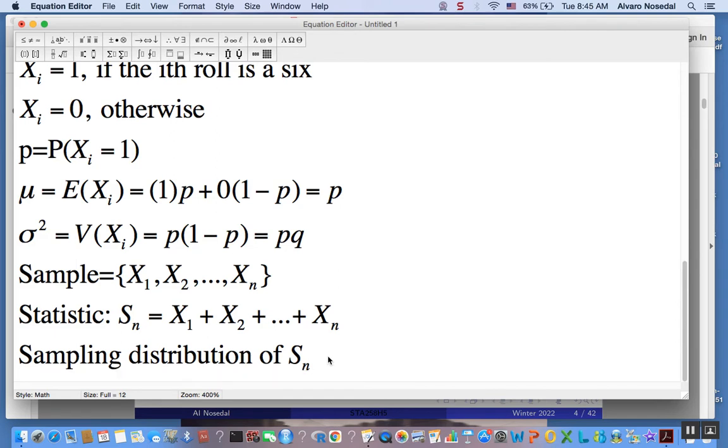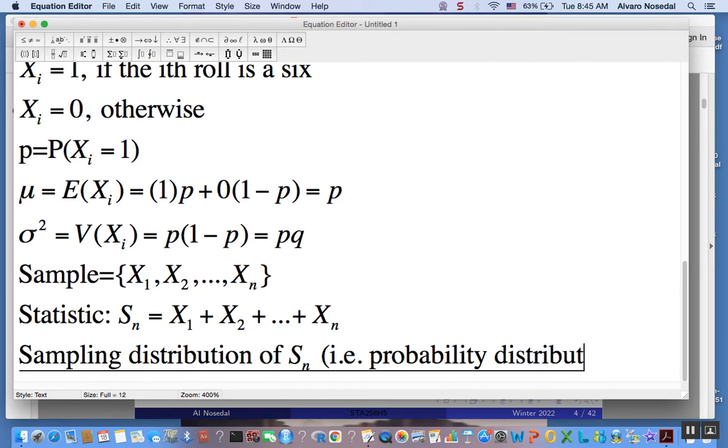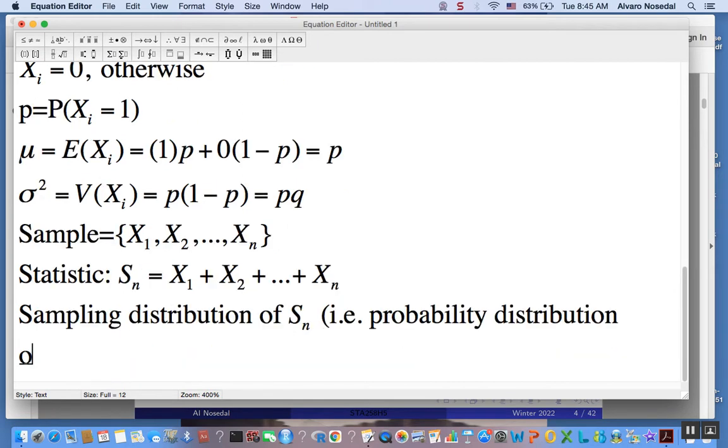So let me just remind you that that's what we mean: the probability distribution of Sn. That's what we mean by the sampling distribution of Sn.